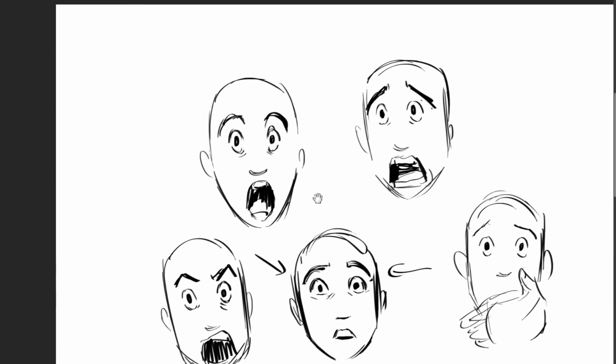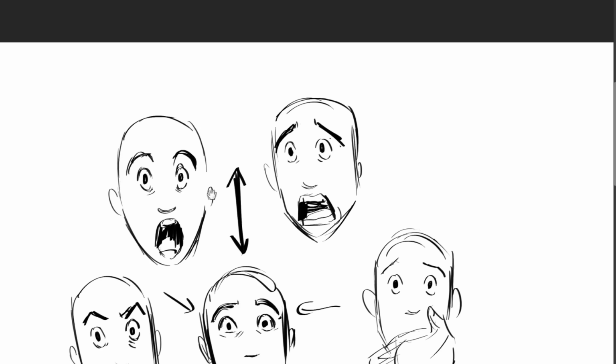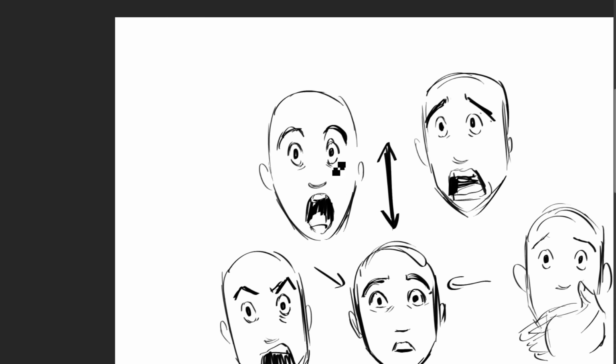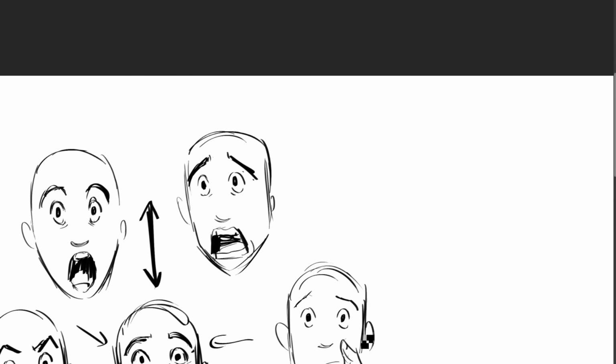But one thing I do want to talk about when utilizing the mouth is really think about the stretch in the mouth, the jaw and the head, and notice how the lower mouth is really close to the chin. And some might say, oh wait, that's not technically right.